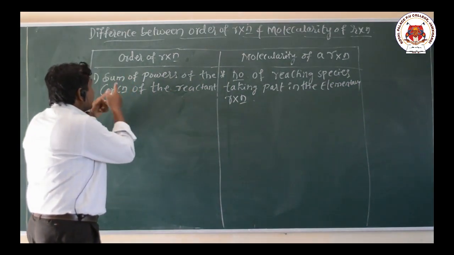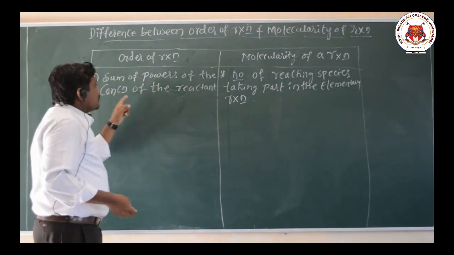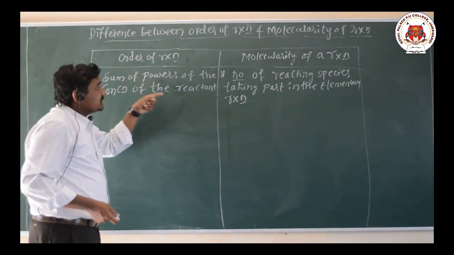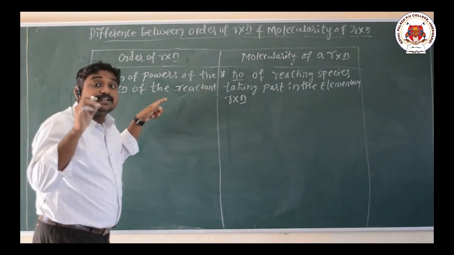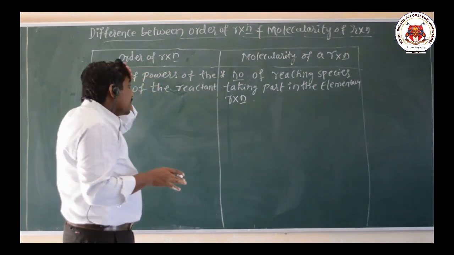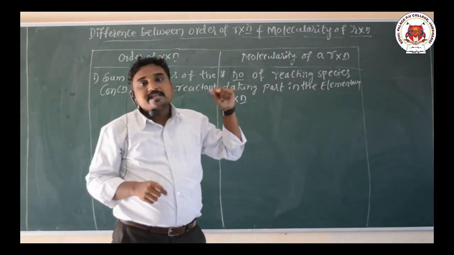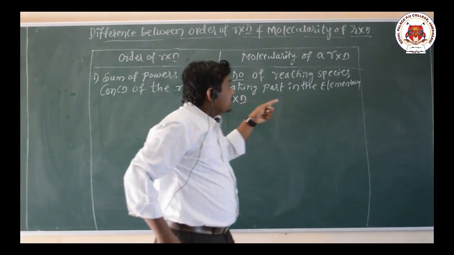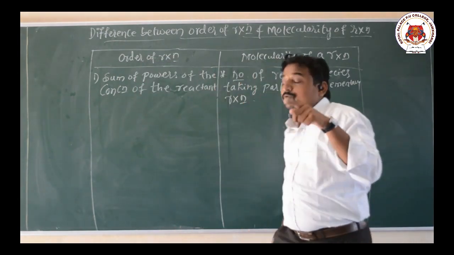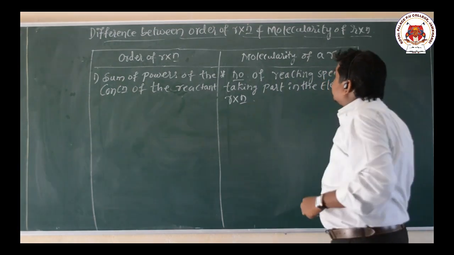The order of reaction is the sum of the powers of the concentration of the reactant in an experimentally determined step, whereas the molecularity of a reaction is the number of reacting species taking part in the elementary reaction which must collide to bring about a chemical reaction.